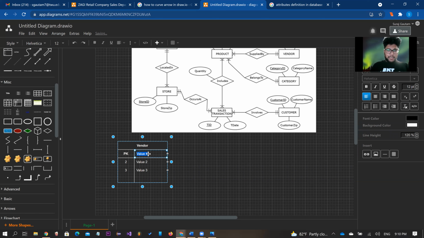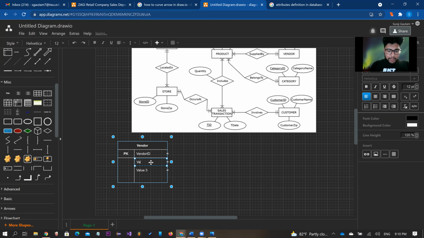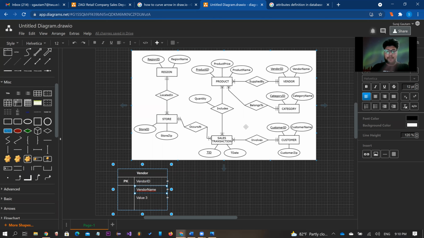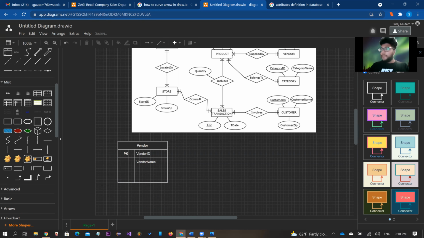Okay, so we have this, and second value. So basically, with all the attributes, we have one-to-one relation, one-to-many, or many-to-many, or many-to-one relationship. With product, we have many-to-many relationship. With store, we have many-to-one relationship. That's how we're going to define the relationship and all that.